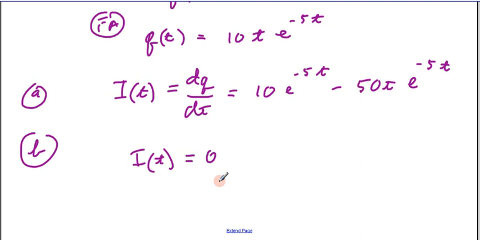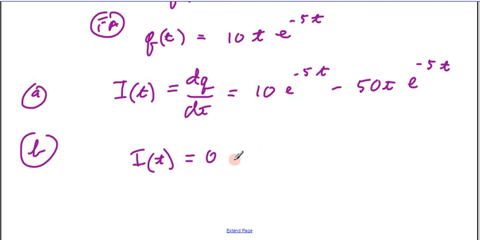The maximum charge of the capacitor is going to be when the current is 0. As long as the current's flowing, the capacitor is continuing to charge. So when the current is 0, at that time we have the maximum charge.